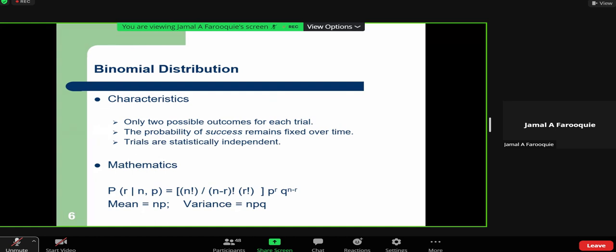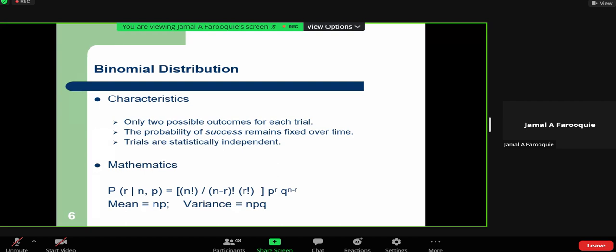When as a result of an examination, the result may be described as pass or fail, if you are interested in finding out the probability of something related with fail, then failure is a success. And if you are interested in finding out probabilities related with pass, then that becomes success.